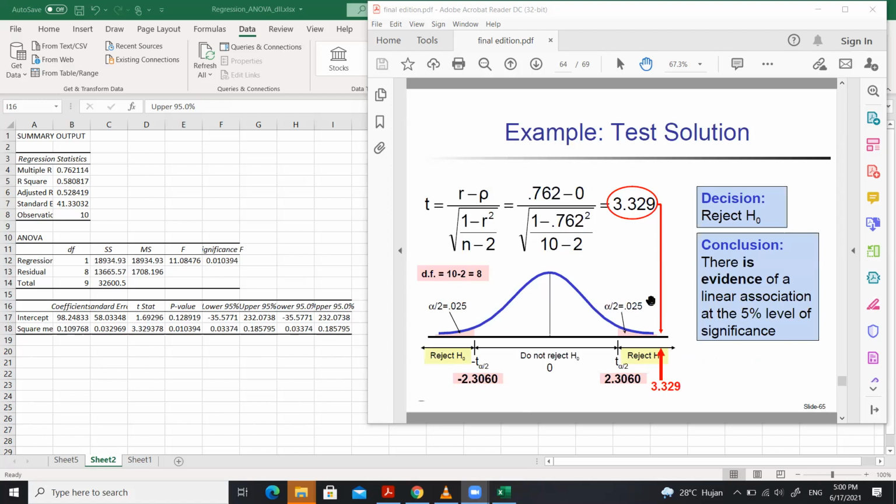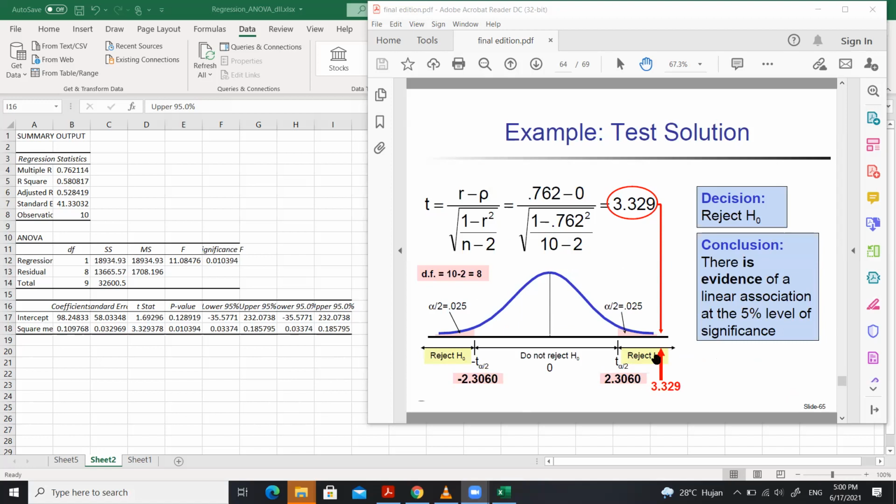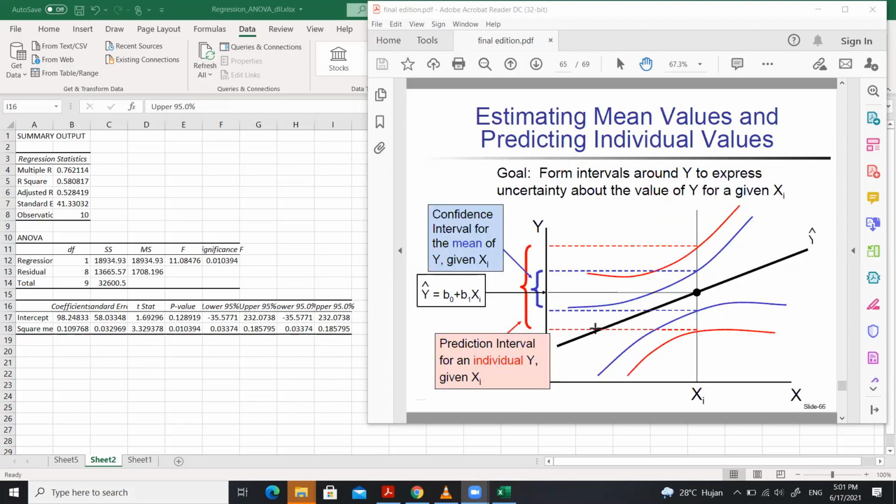You can use the same way, and we arrive at there is evident linear association at the 5% level of confidence. You can see here 3.3, and the critical value is 2.3, and 3.3 is outside. So we reject the null hypothesis.